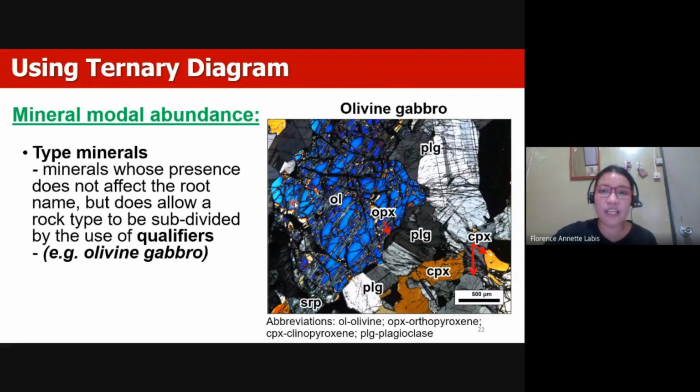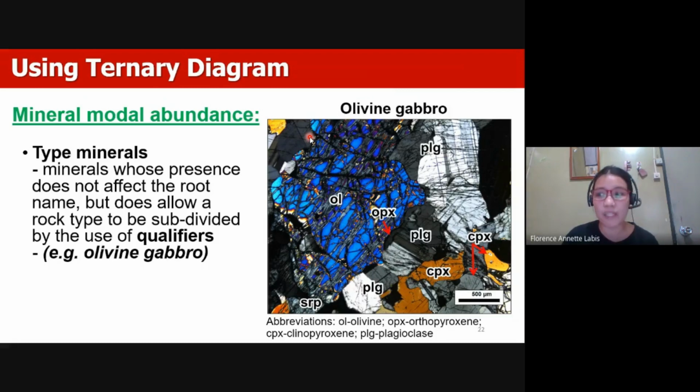Okay, so olivine is what we call a type mineral. Even if it is present in the gabbro, it does not affect the total composition of the group. It is still a gabbro. But because it has an olivine component, this has something to do with the type of formation or the condition at which the gabbro has formed.